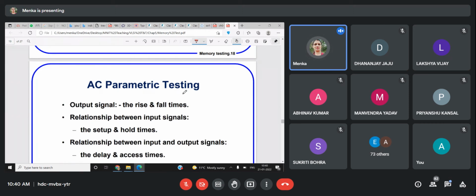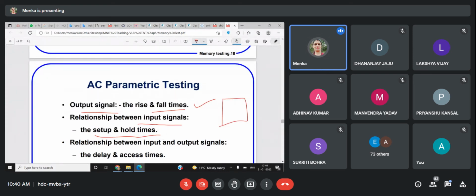AC parametric testing. AC means alternating current. In AC parametric testing, you have to figure out the output signal rise and fall times. You will test the rise time and fall time of the signals, and the relationship between input signals, such as the setup time and the hold time.